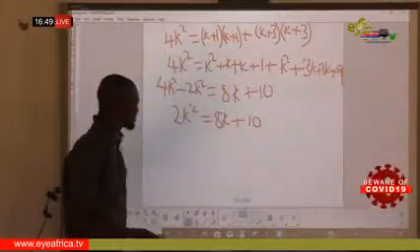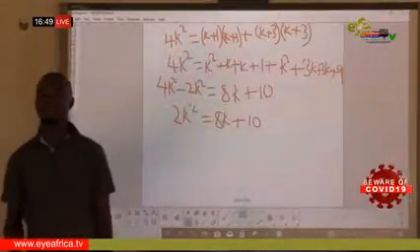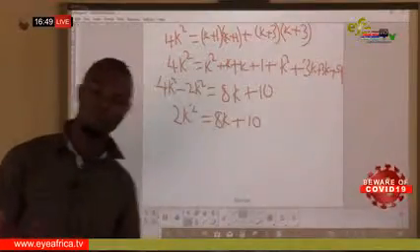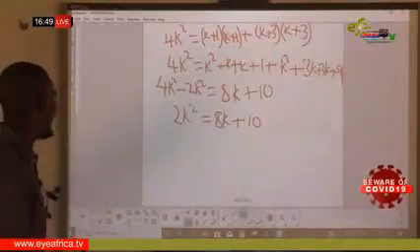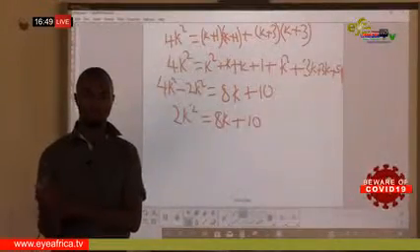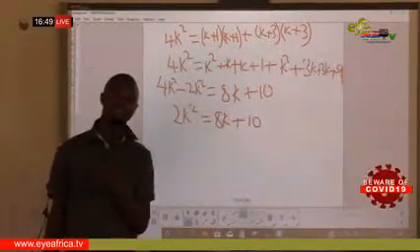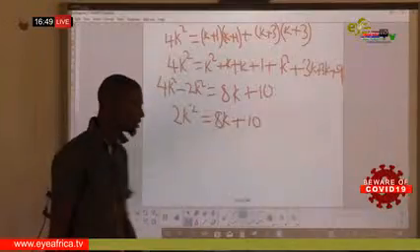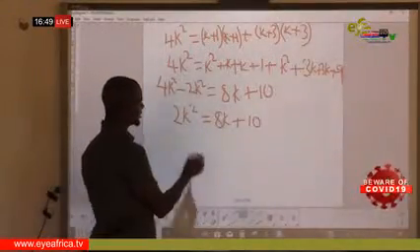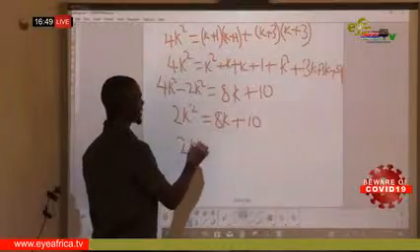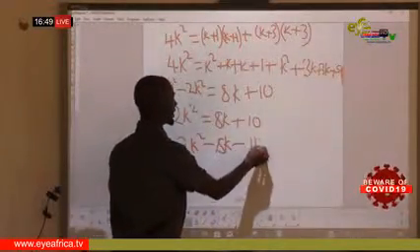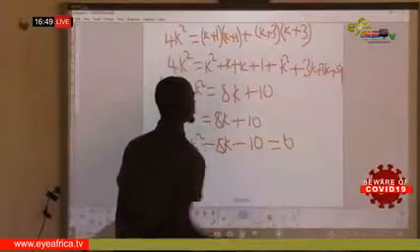The highest power of the variable is 2. So if you have an equation where the highest power of the variable is 2, what type of equation is that? It is a quadratic equation. So we have to solve it using the quadratic format. To write it in standard form, we will have 2k square minus 8k minus 10 is equals to 0.